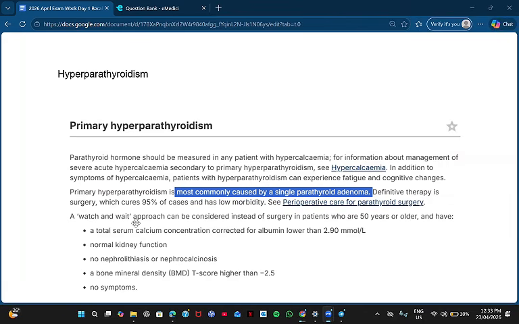What are the functions in bone? It stimulates bone resorption, indirectly, right? It releases calcium and phosphate from the bones into the blood. How is it indirectly associated? It has the ability to activate the osteoclast, right?